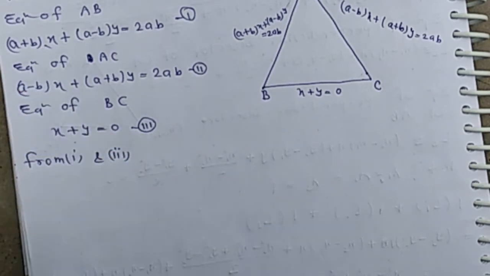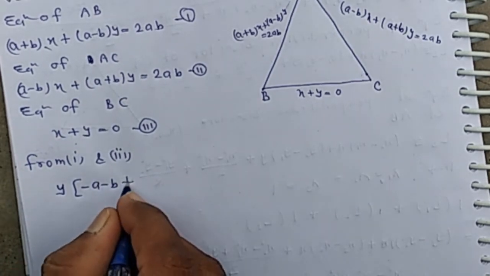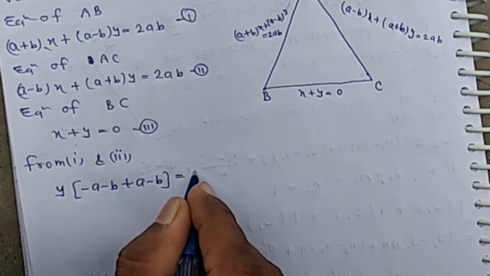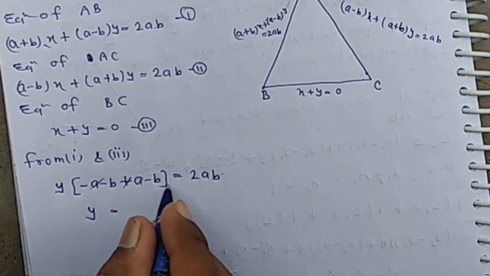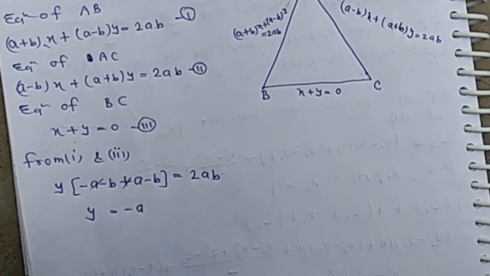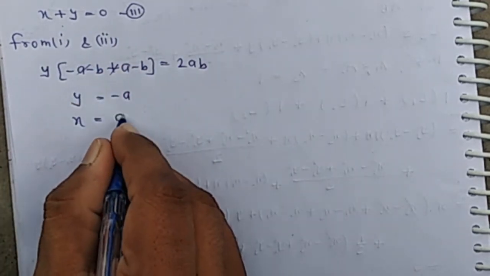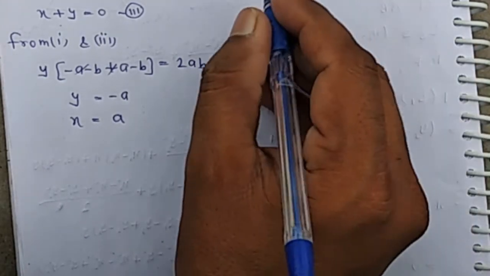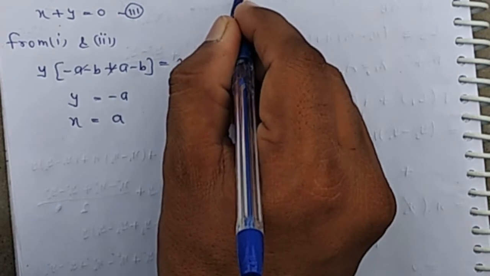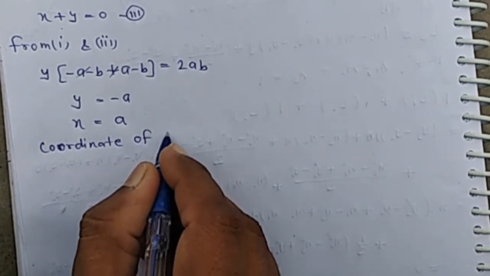Putting this here and taking y common, we get minus a minus b plus a minus b equal to ab, so minus 2b cancels out minus a and the value of y is minus a, and the value of x is minus y, which means x is a. The intersection of 1 and 3 is (a, minus a), the coordinates of point B.